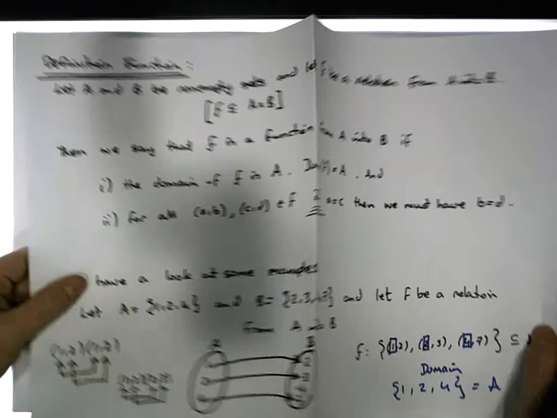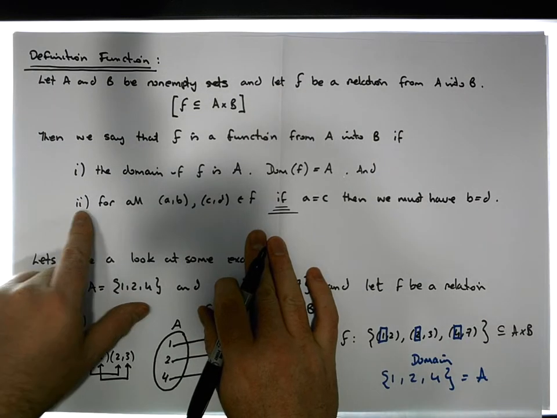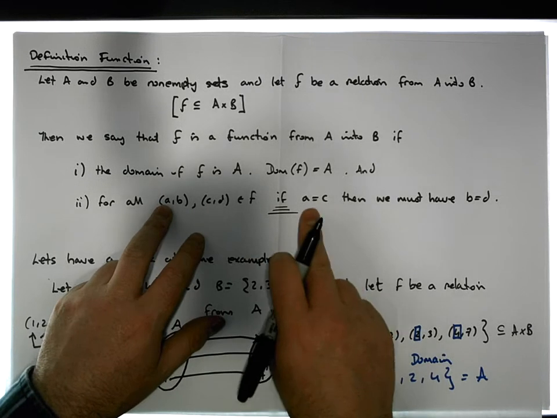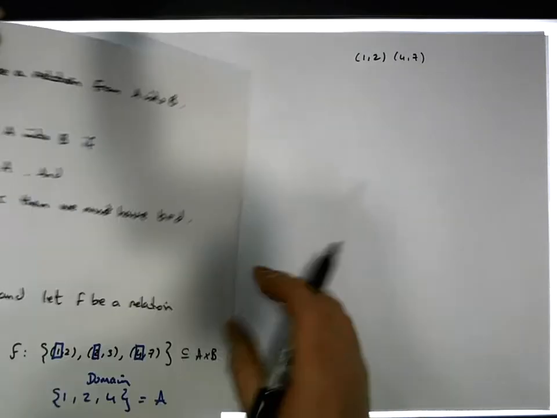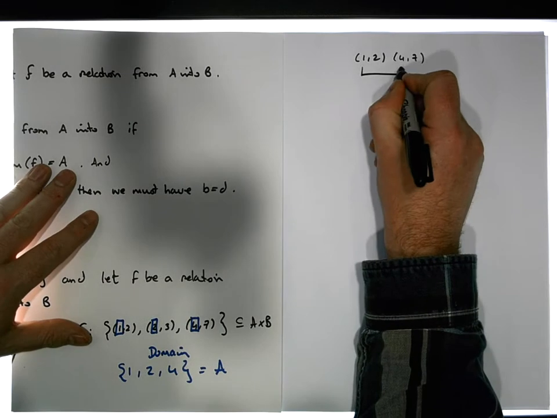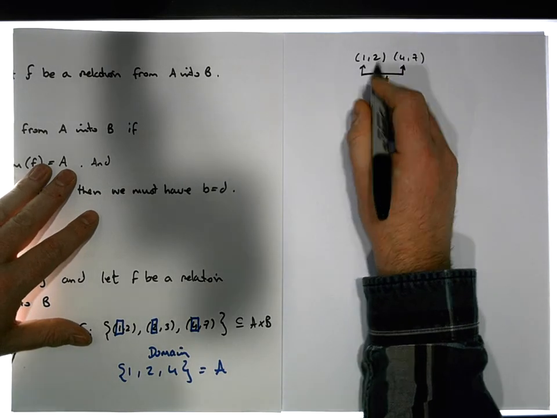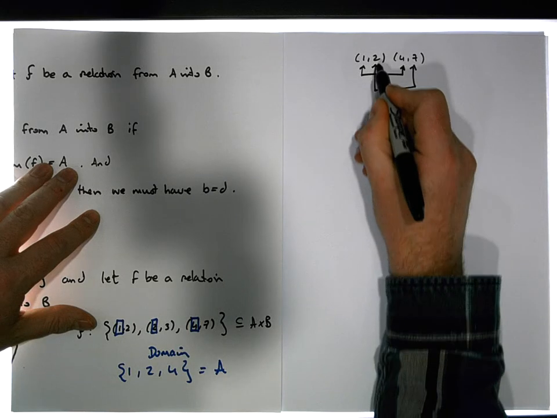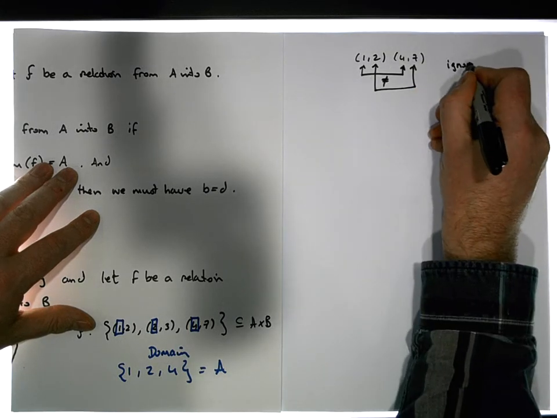I don't need to check the second condition because I only need to check it if the first values in both ordered pairs are the same. In this particular situation, the first values in these ordered pairs are not equal, so I don't need to check whether these values here are equal. Okay, so I can ignore that particular situation.